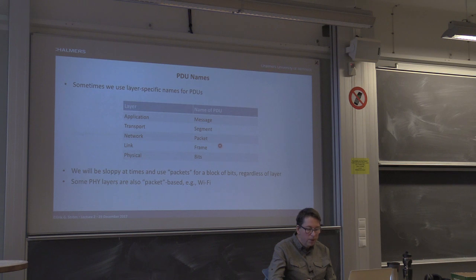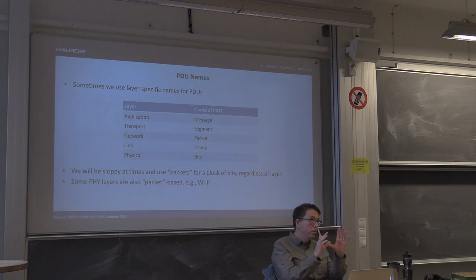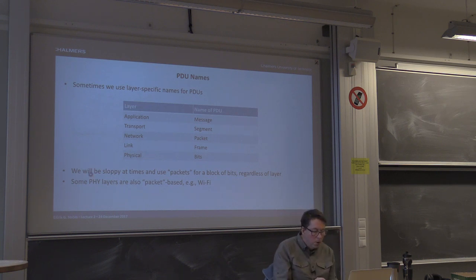Message, segment, packet, frame are blocks of bits. Bits are individual bits. It's a single bit actually from the physical layer. It transmits single bit, single bit, single bit, with no interrelationship. We will, however, be sloppy and use the name packet for any block of bits, regardless of which layer we are in, when it doesn't matter.